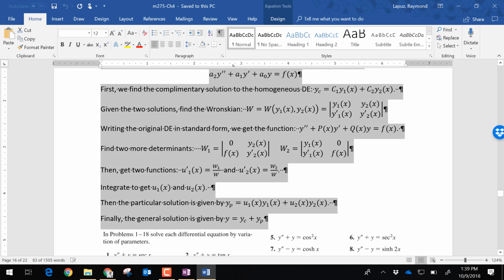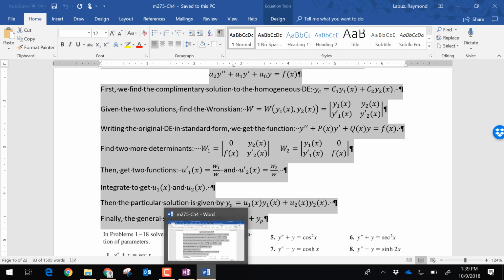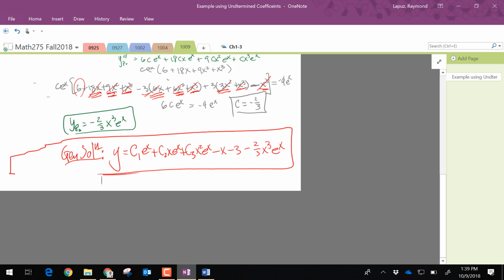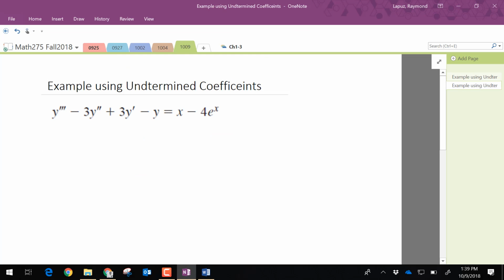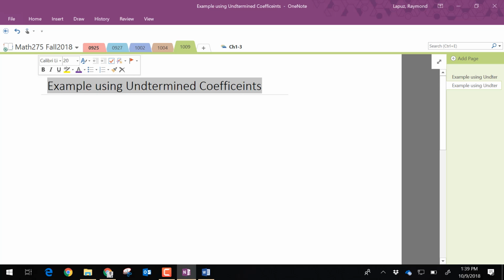So our progression is still going to be the same. We need to solve for the non-homogeneous differential equation first, and then we find a particular solution, and that's the key, to find a particular solution.